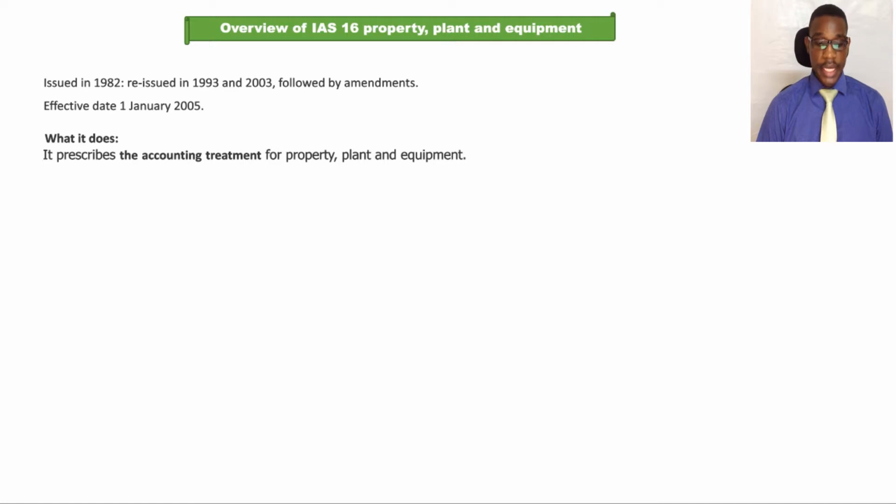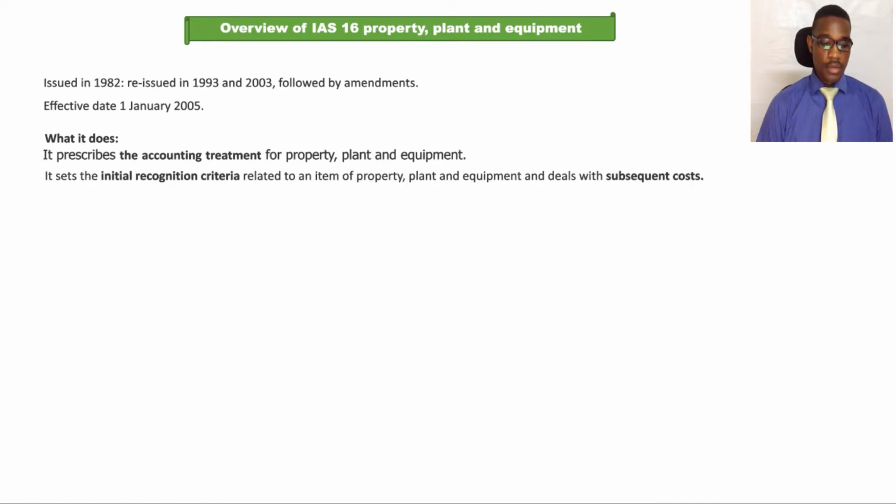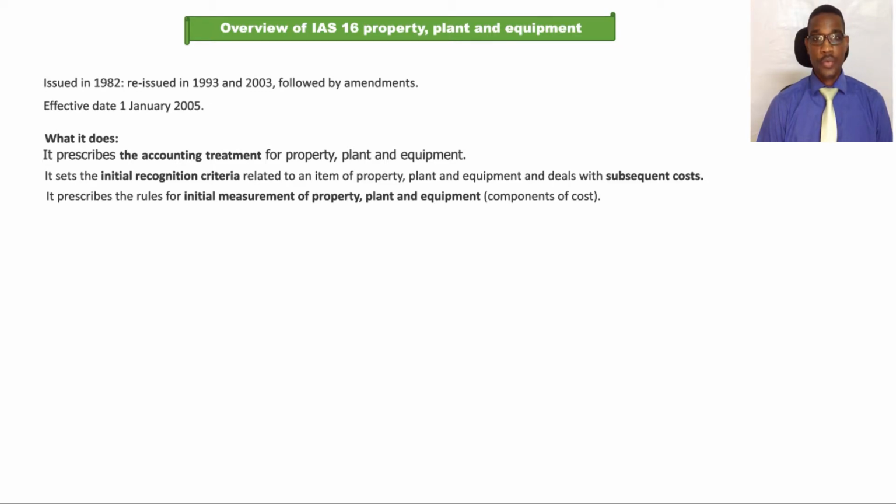So IAS 16 prescribes the accounting treatment for property, plant and equipment because it sets the initial recognition criteria related to an item of property, plant and equipment, and deals with subsequent costs. Also, it prescribes the rules for the initial measurement of property, plant and equipment, where we are talking about the components of cost.